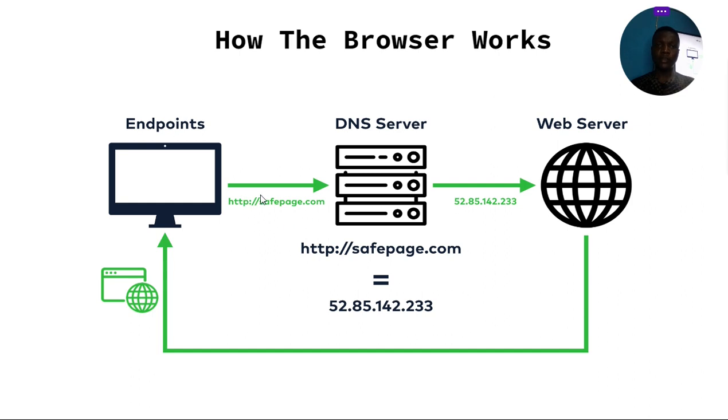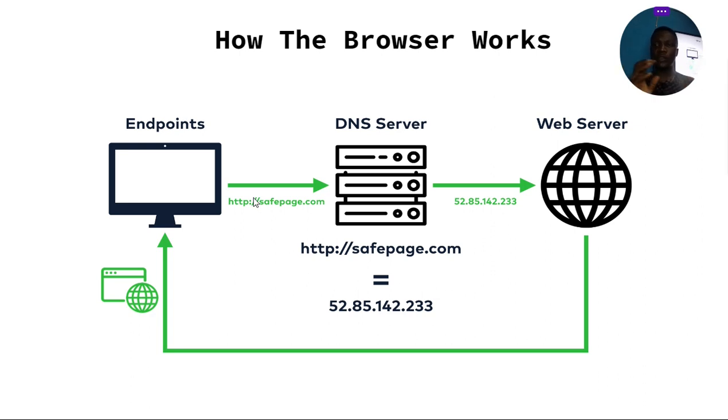So whenever you try to access this particular website, it is mapped to this IP, which is the actual location of the page you are looking for on the internet. Just like you have your office address and your home address, whoever is looking for you will find you at that particular address. The same way on the internet, this is the address of this particular web page.